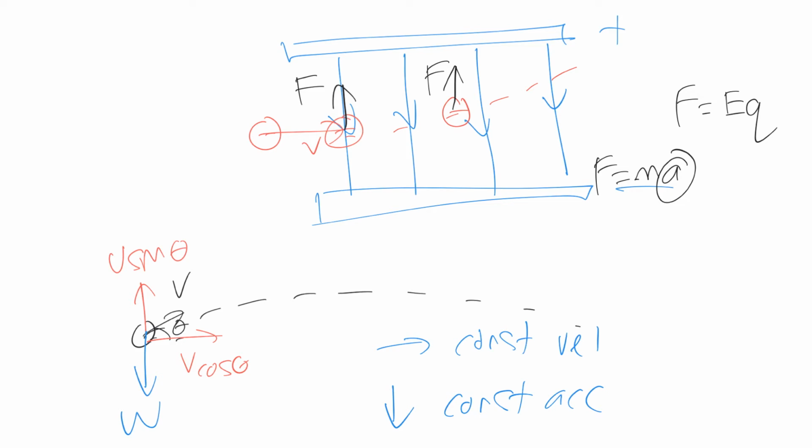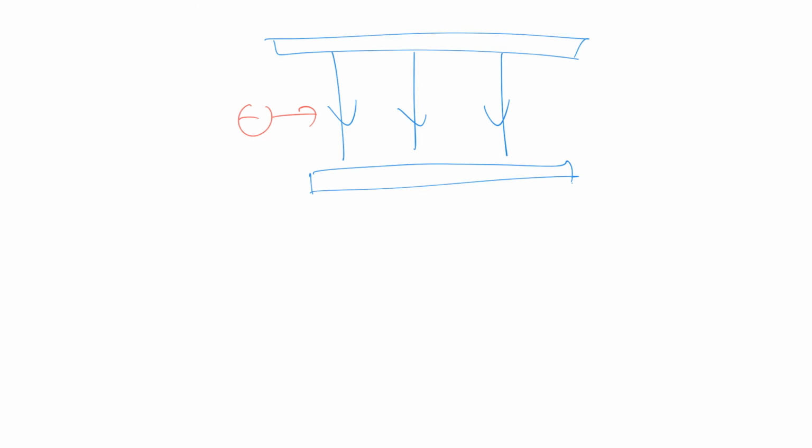So for projectile motion, how do we solve? When you want to solve, you need to solve horizontally and vertically separately. So in this case, horizontal is constant velocity or constant acceleration? Constant velocity, because the only force is electric force upwards. So horizontal, no force. So it's constant velocity, and there's only one equation you can use.